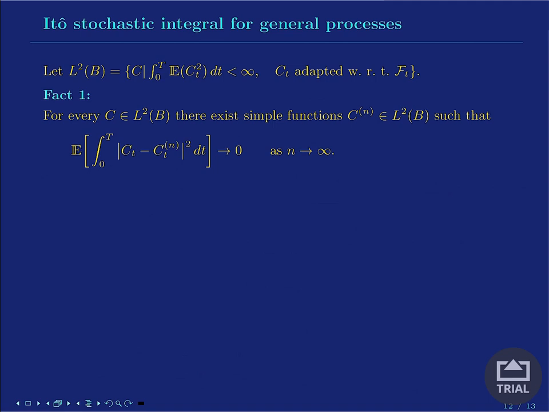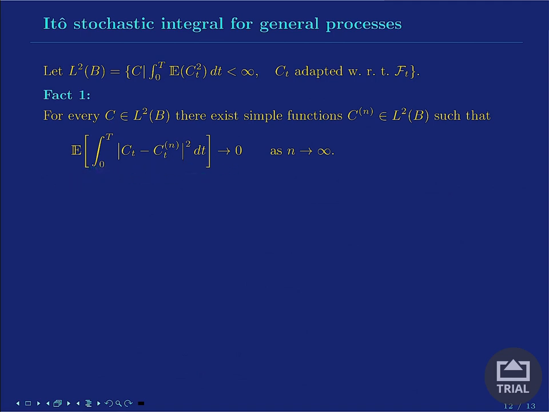Then we have two simple results. Firstly, such a process here, ct, can be approximated by a sequence of simple functions. So we have simple functions cn, for which we already defined the integral, and these become close or converge to c in the following mean square sense.